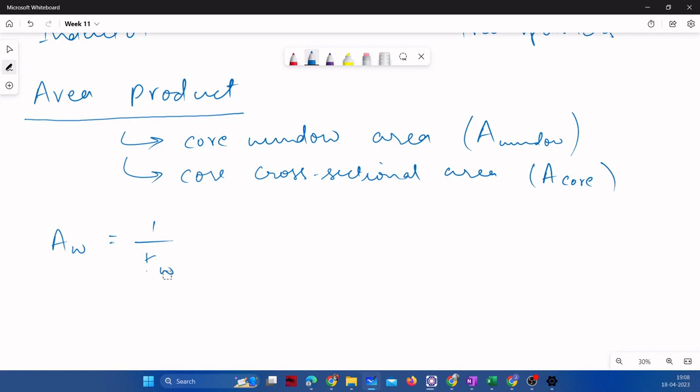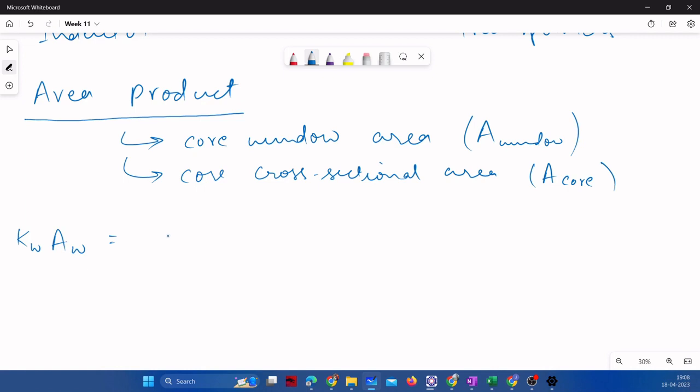Let me write it for convenience on the left side. Of course, we are not going to utilize the complete window area, so there is a certain factor, denoted by K_W, and A_W is the complete window area.